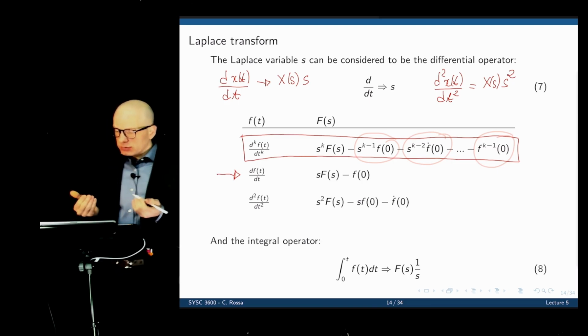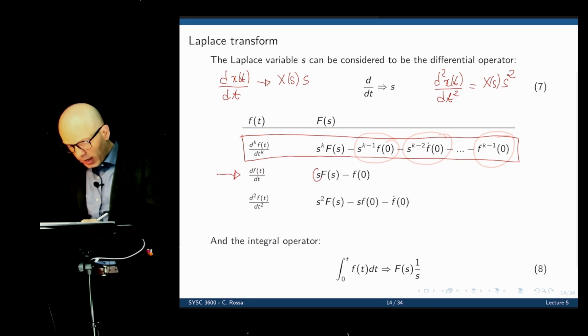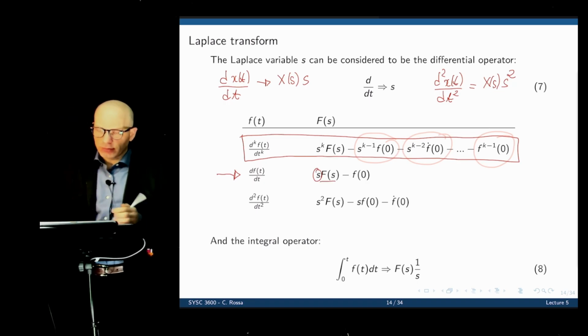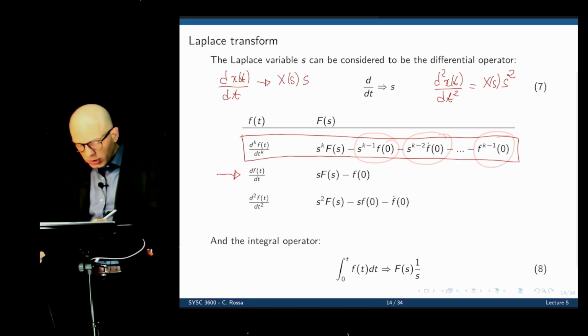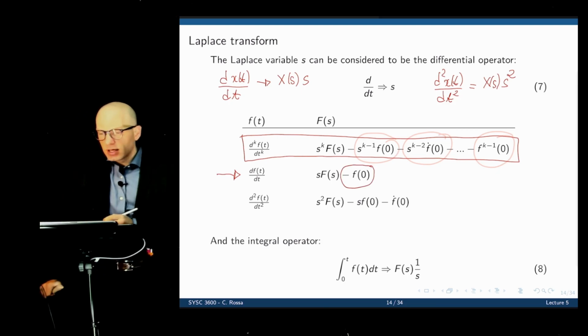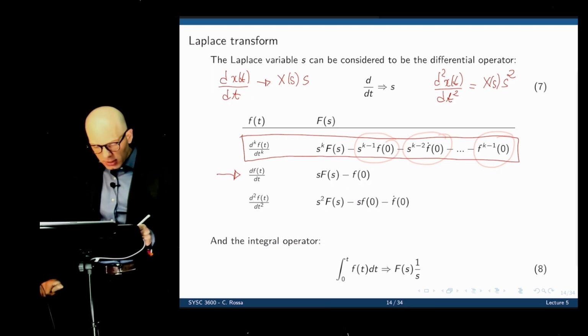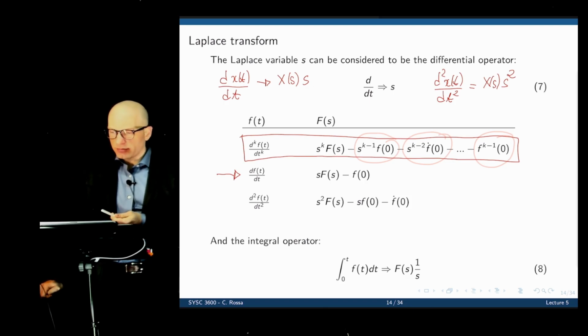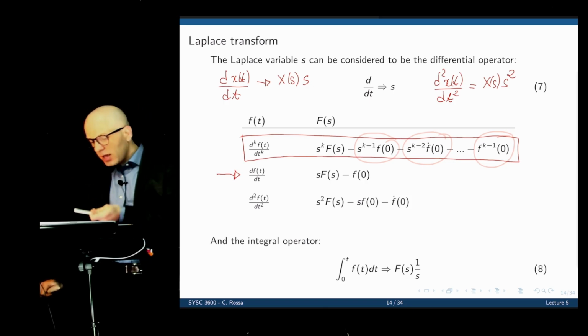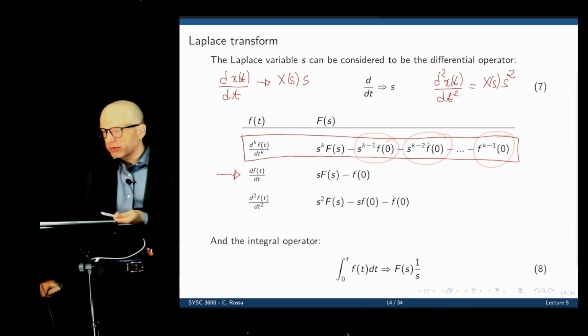The Laplace transform of the derivative is s times the function, but now for a function of s. And to account for an initial condition, we need to subtract that initial condition from the system, minus f of 0. What does that mean? Well, if f of t is the displacement of a mass, then df dt is the speed of that mass, of course.